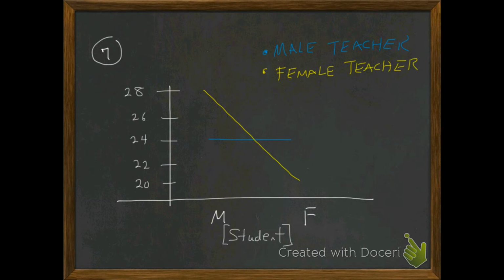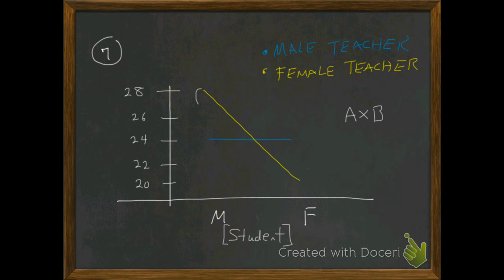So again, examining that in isolation of everything else, how do we know what's going on? Well, first of all, the lines cross. So our interaction, and we'll just call it A and B, is statistically significant, which means that we need to examine more closely the marginal means across the gender of the teacher and the gender of the student.